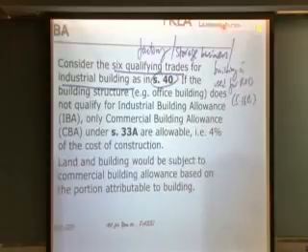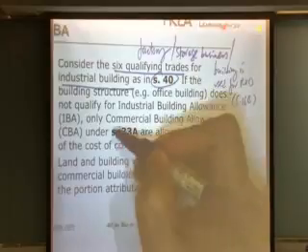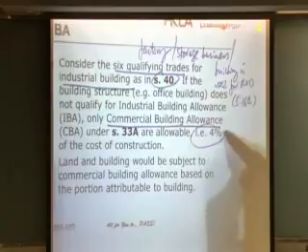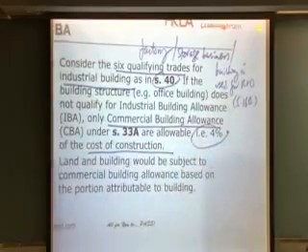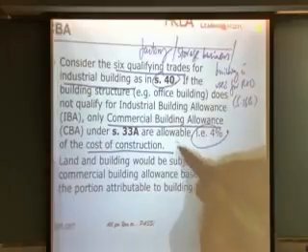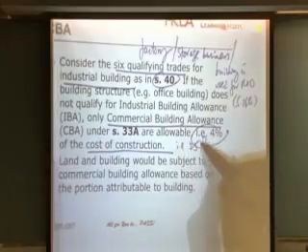If you cannot satisfy these qualified trade, you can only claim commercial building allowances, which is only 4% on cost. So how many years you can claim all the 100%? It means you can claim 25 years.